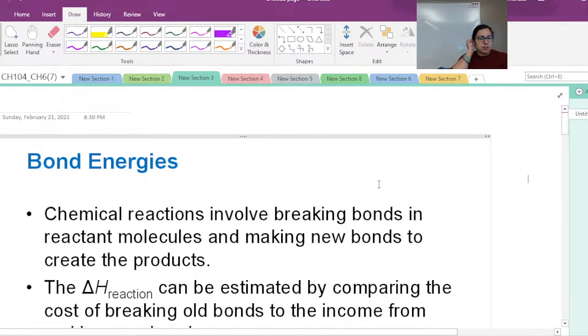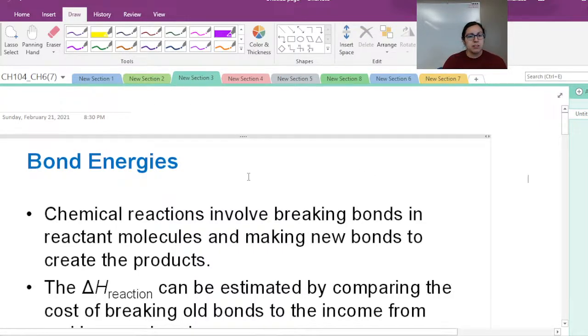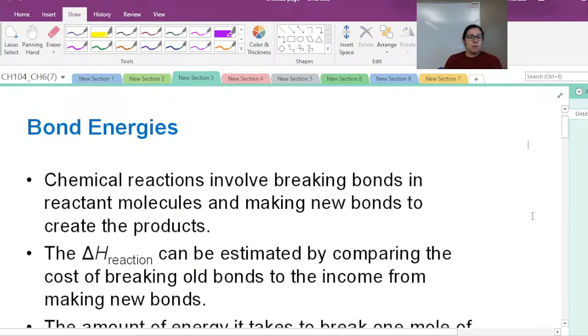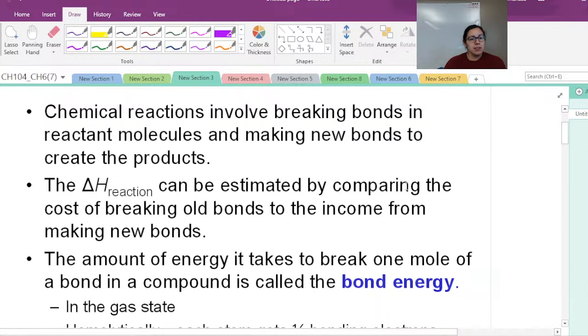All right, so then let's start getting into some of that potential energy that we mentioned and quantifying it. Of course, our chemical reactions involve breaking bonds in our reactant molecules and then forming new bonds.